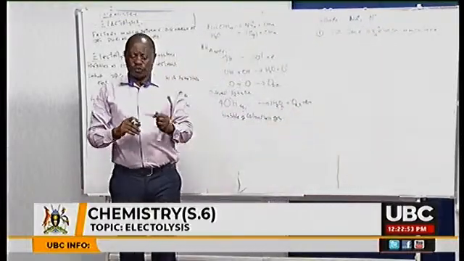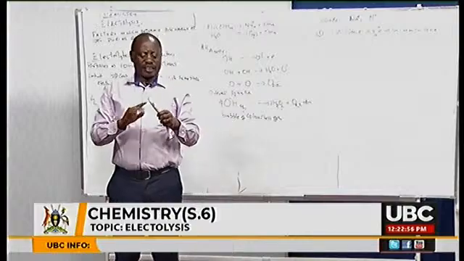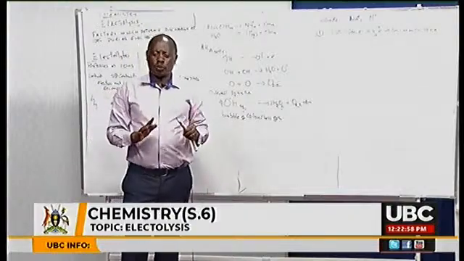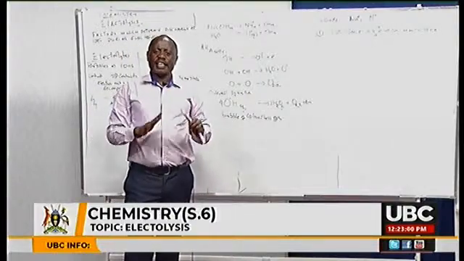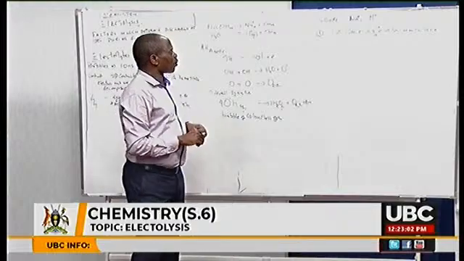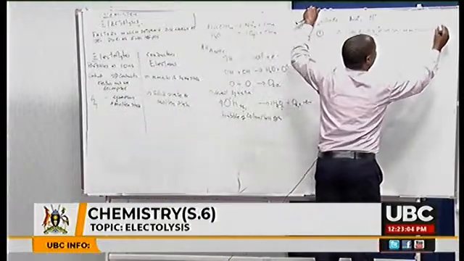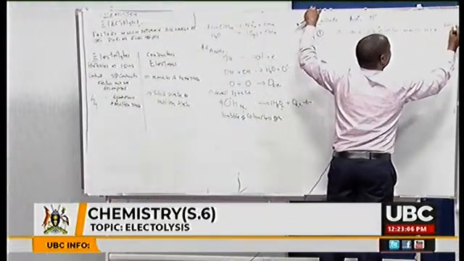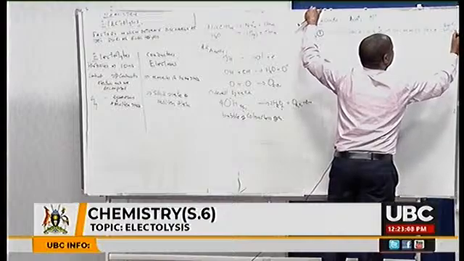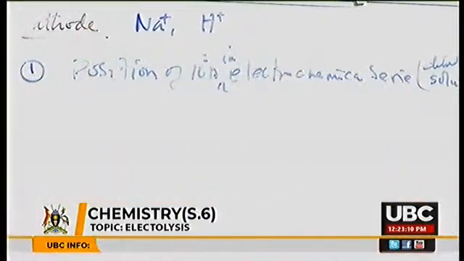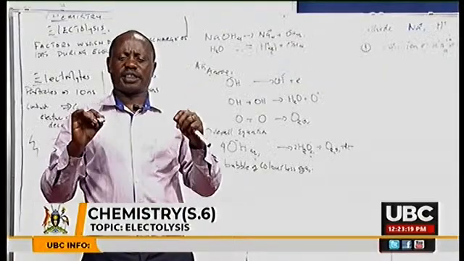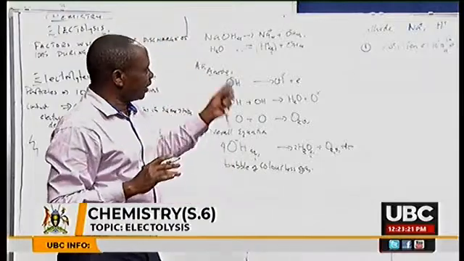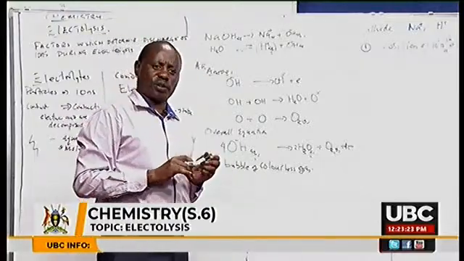That is one of the factors, assuming other factors are constant, in dilute solution. That one works in dilute solution, when other factors are constant. Therefore, one of the factors which determines the selective discharge of ions is the position of the ion in the electrochemical series.